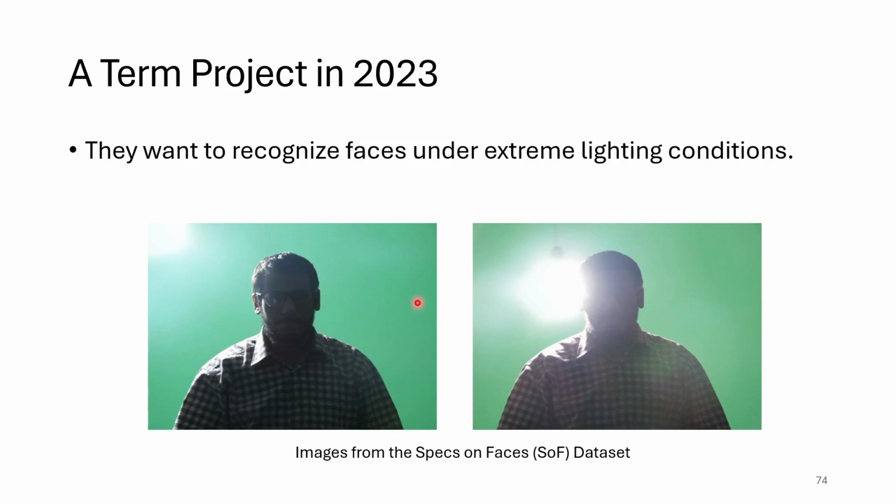Yes, of course, from its shape and the background. But what I want to say is the lighting condition of the face is extremely unfriendly. How to recognize these faces under this scenario? That's their problem. They want to solve it.